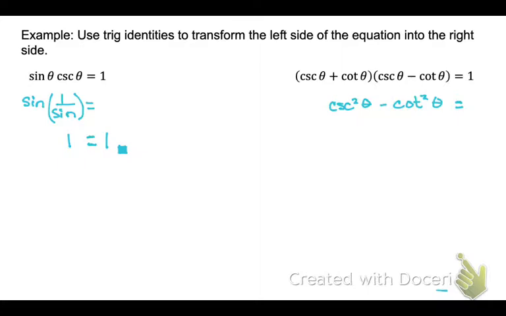Because they're squared. So what is the Pythagorean identity that has cosecant and cotangent in it? It would be 1 plus cotangent squared theta equals cosecant squared theta.